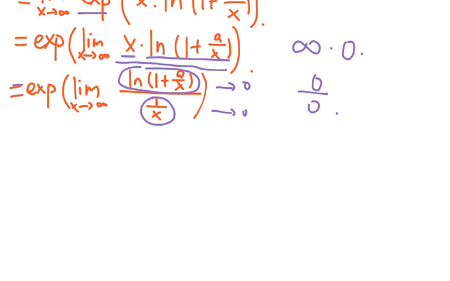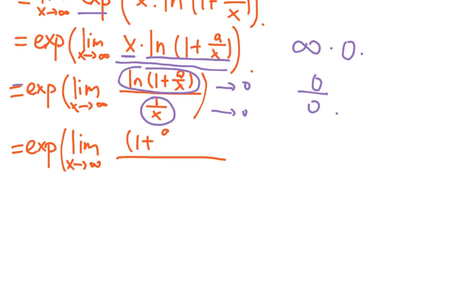Applying L'Hopital's rule, we will have the exponential of the limit as x goes to infinity of (1 + a/x) inverse times the derivative of a/x. If we find the derivative of a/x, it is equal to negative a over x squared.